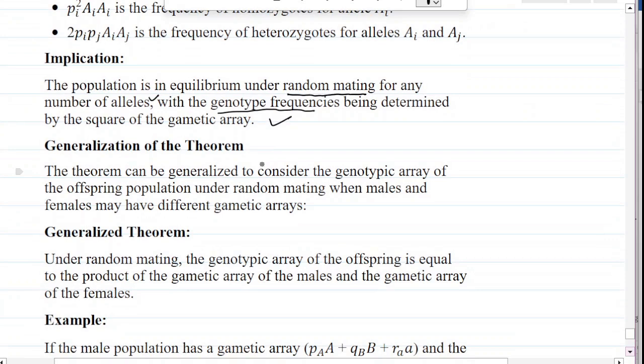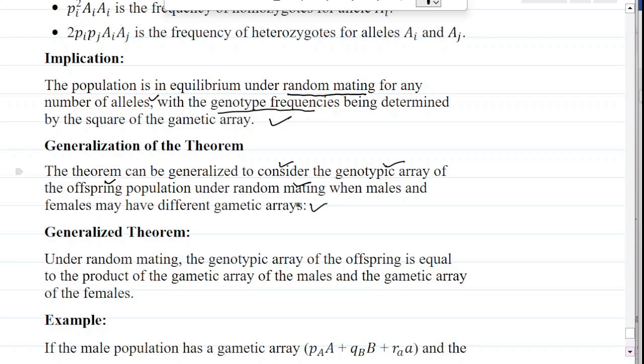The theorem can be generalized to consider the genotypic array of the offspring population under random mating when male and female have different gametic arrays. So up to now we assumed that male and female contribute the same. But they may have different gametic arrays in the case of a sex linked gene.